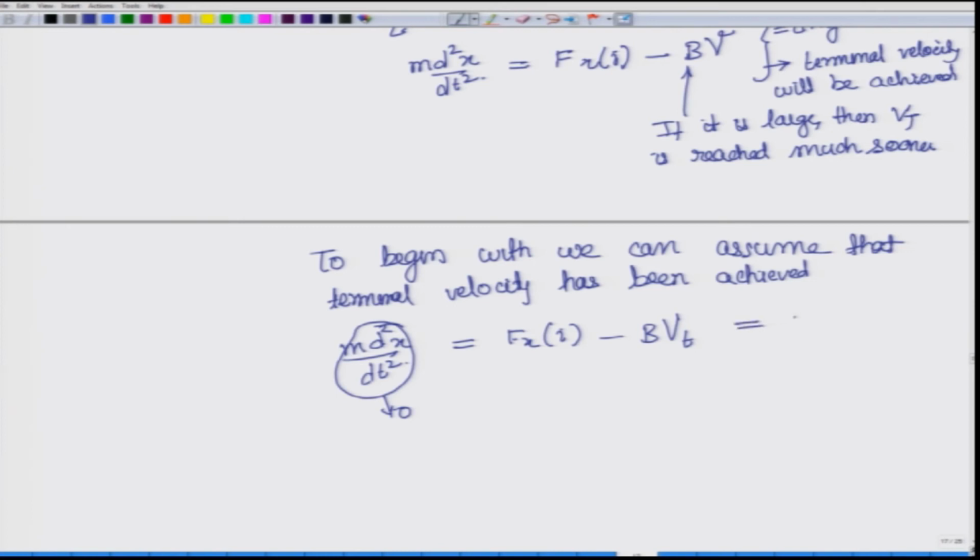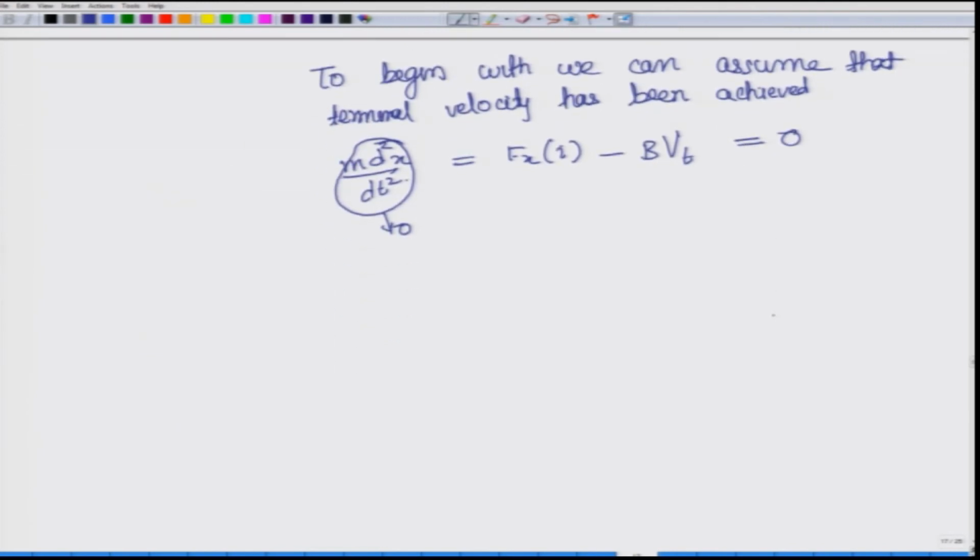So, this relation further boils down to velocity terminal for the ith dislocation is equal to Fxi by B. When we say i, we are denoting the ith dislocation.